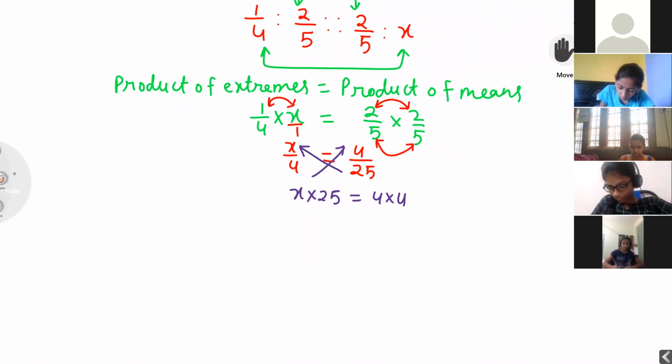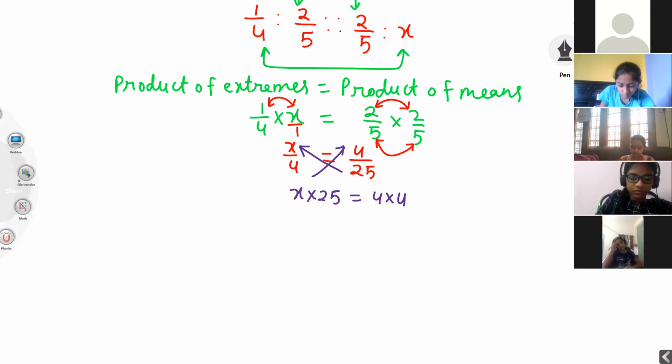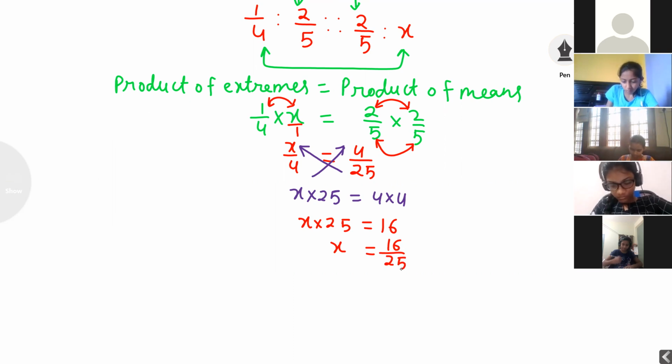Then x into 25 is equal to 16. Now multiplication becomes division. x is equal to 16 divided by 25. This is our answer. Hence the third proportional is 16 by 25.